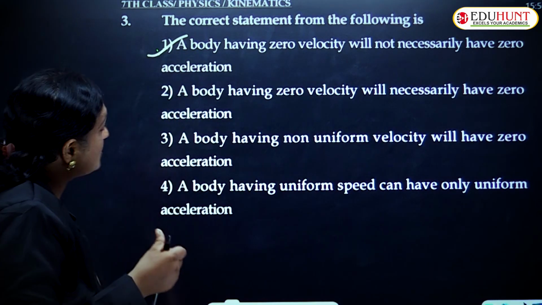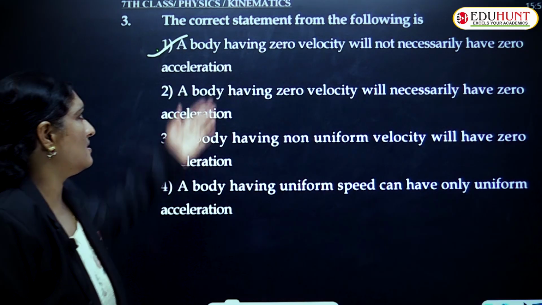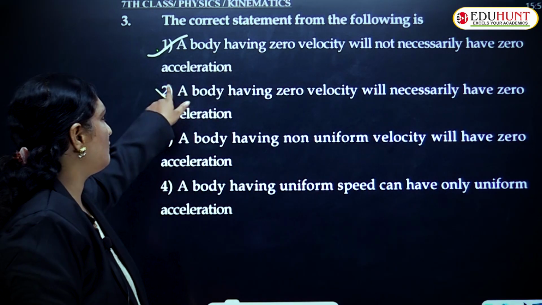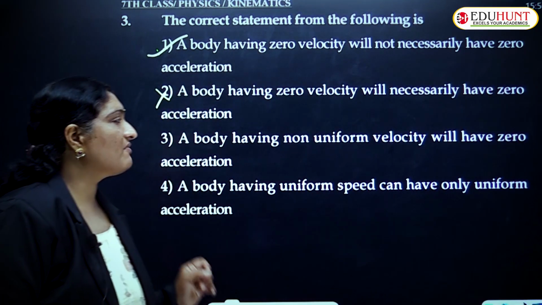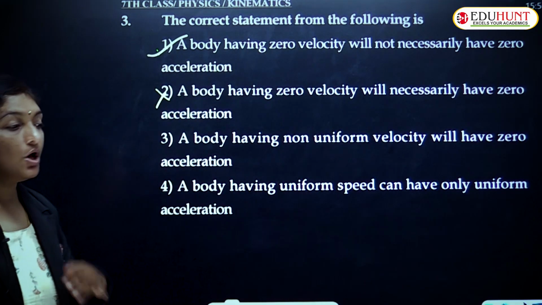Let us check the other options. A body having 0 velocity will never necessarily have 0 acceleration. This is a contradictory statement to the first; if one is true, this one is false. A body having non-uniform velocity will have 0 acceleration.